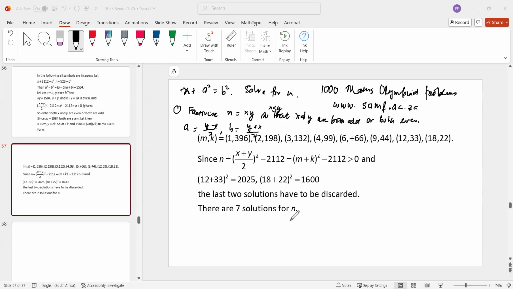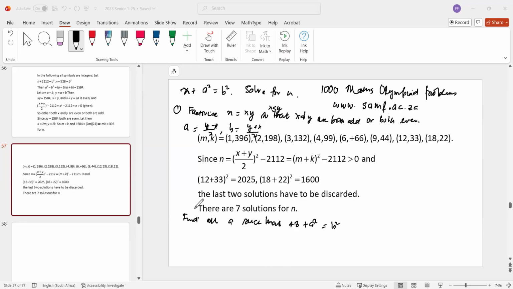For instance, suppose I want to find all a such that, let's take a number, say, 48 plus a squared is equal to b squared.